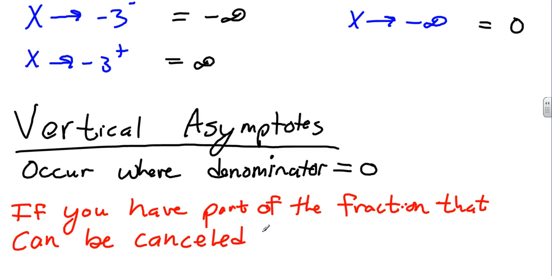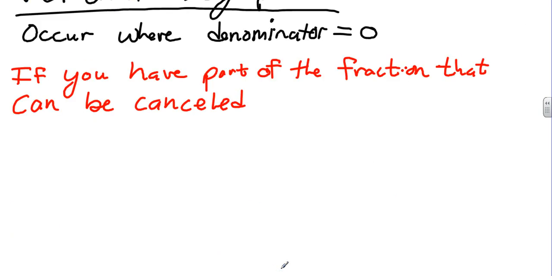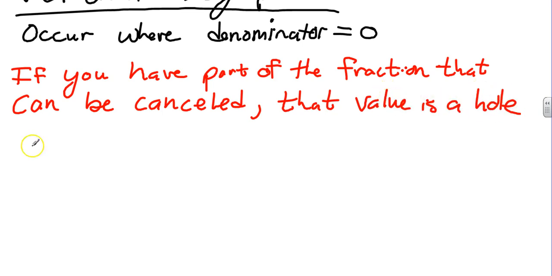Let's say you had x plus 2 on top and an x plus 2 on the bottom. Then if you get a part that actually gets canceled out after you factor it and you're finding the asymptotes and everything here, if you have part of that fraction that can be canceled out, that value is a hole on the graph.